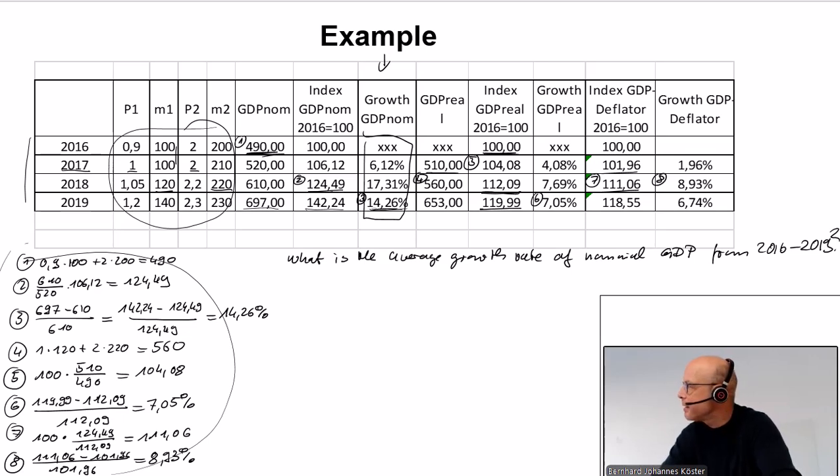I think you have done in your math course many things about financial mathematics, so talking about interest rates, yeah, or net present values. This is the same. So when you calculate net present values, you divide by 1 plus r squared, and 1 plus r to the power of 3, and so on.